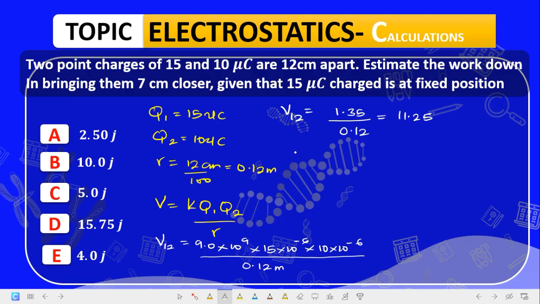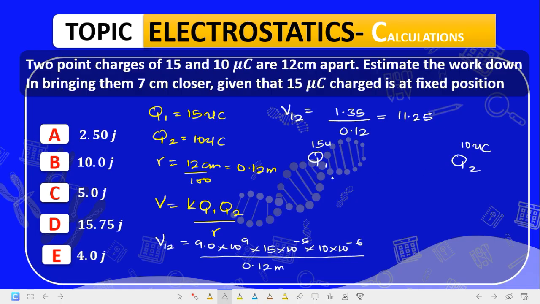11.25. Okay, now the next one is they told you that it was brought 7 centimeter closer. So if initially, let's say this is Q1 and this is Q2, they told you that the 15 microcoulomb was constant, so it means Q1 was constant and then Q2 was moved.